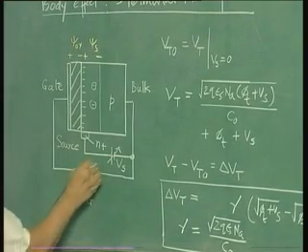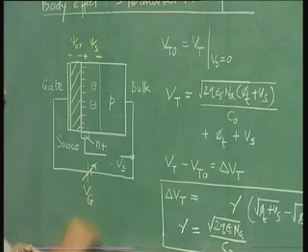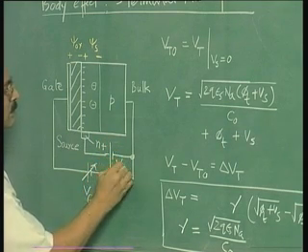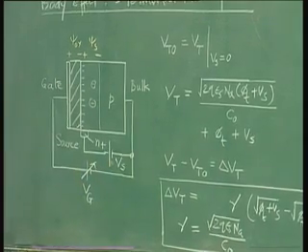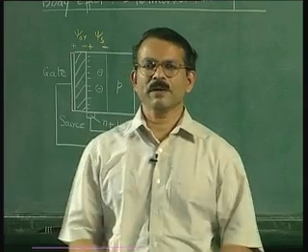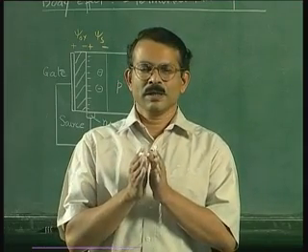So this is now variable and this is constant. What is the effect? Now the effect will be that your depletion region will start increasing from 0.